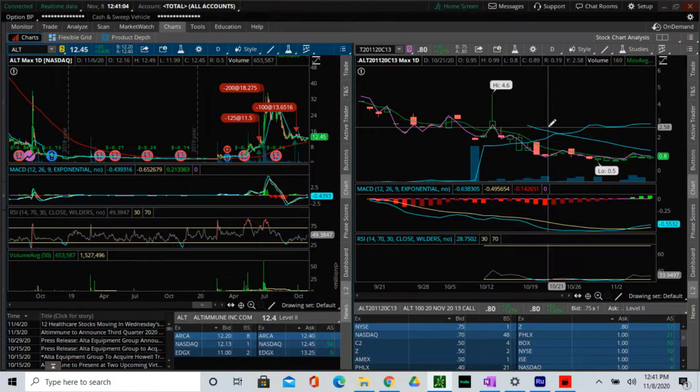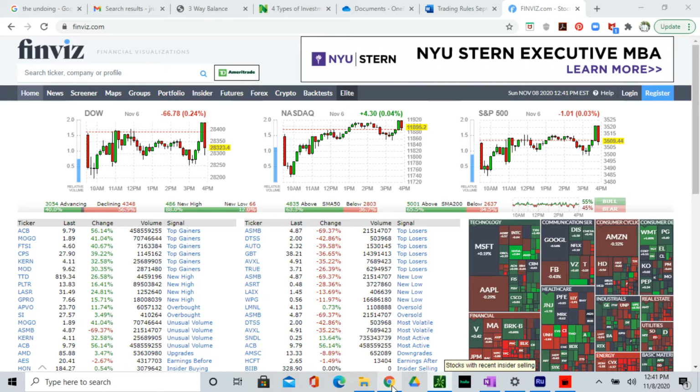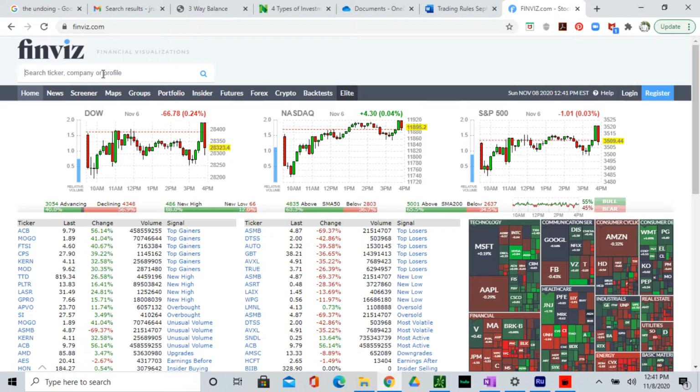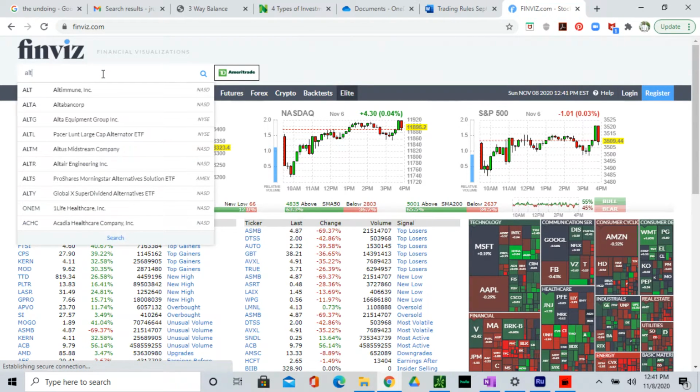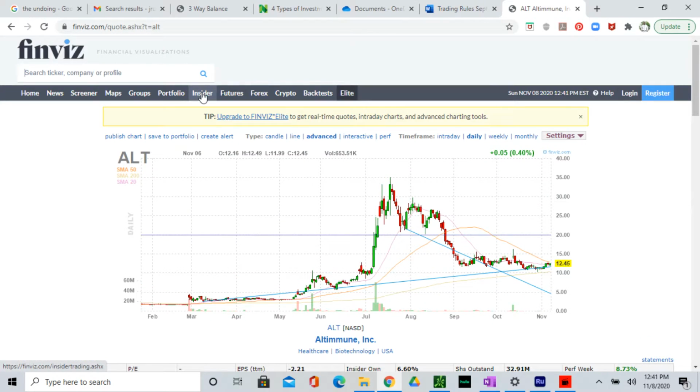But so, with that being said, I'm at ALT, and I said, okay, why are all these people looking at ALT? Let me go to finviz.com. Finviz.com is a website that gives you not just the most recent news about the stock itself, but as you can tell, it shows you a heat map at the very beginning of the page, and then it shows you the highest movers of the day.